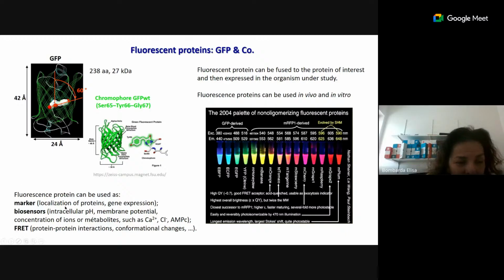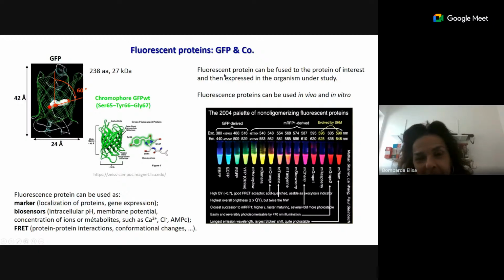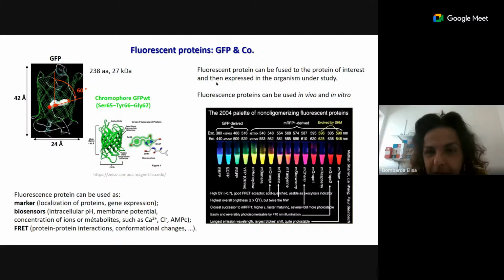In which way? Since it is a protein, when you express your protein of interest, you can modify the plasmid so that it also contains the gene coding for GFP. In this case, you will get a fusion protein containing the protein of interest and the GFP, and your protein that maybe was not fluorescent, with the GFP close, also becomes fluorescent, and you can visualize it.